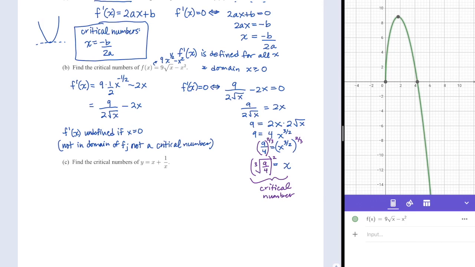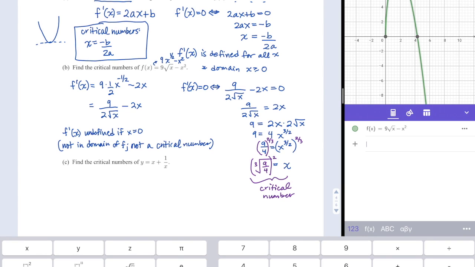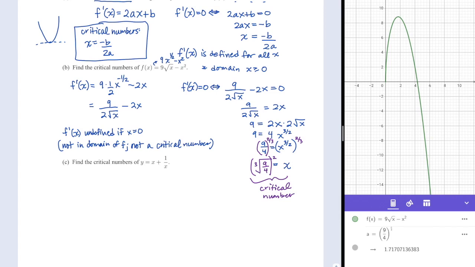So it looks like this function goes up and then turns around and then comes back down. I just want to know what this number is, the cube root of 9/4 squared. So I'm going to put it in as 9/4 to the, what did we say, 2/3. So about 1.71, and that looks like exactly where we're seeing this high point.